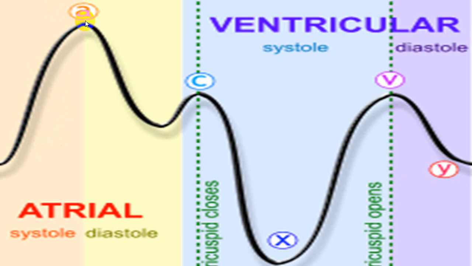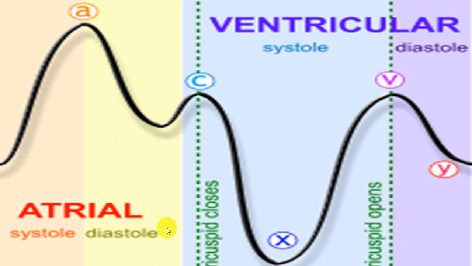This is the A wave. As soon as the atrial systole gets over and atrial diastole begins, that is the stage where the ventricular systole begins, but the pressure in the atrium is falling. So this is the X descent. The pressure is falling.